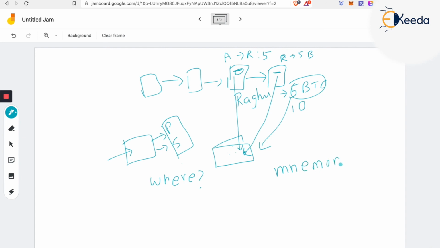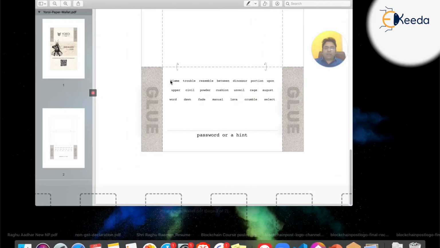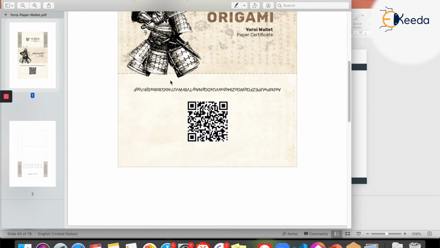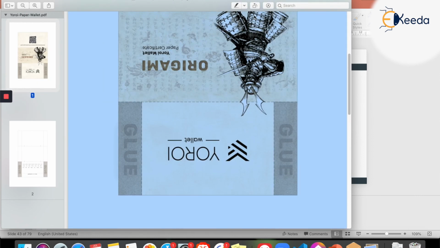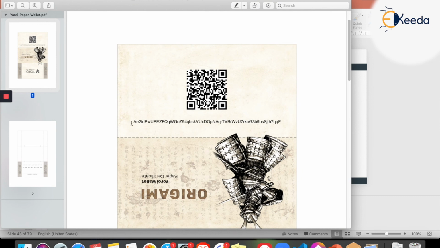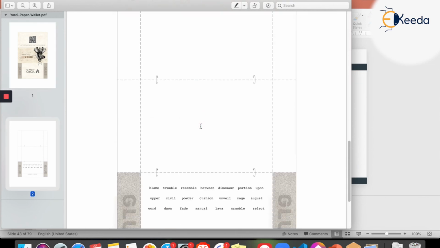The advantage of using a mnemonic is it's easier for you to remember these words. Imagine remembering something like this, something like AE2 DDPP whatever. A private key also looks the same, but you don't want to remember this. It's very difficult for a person to remember.